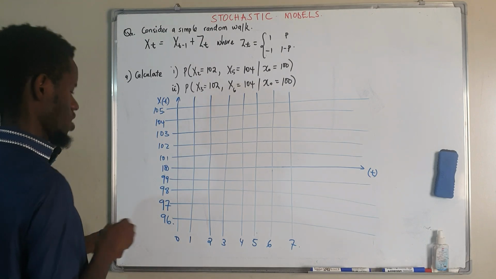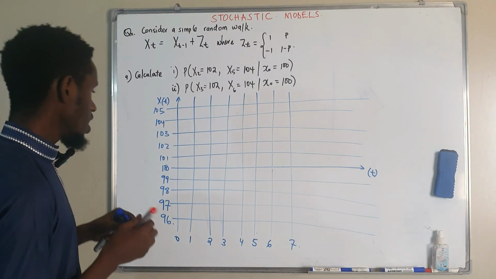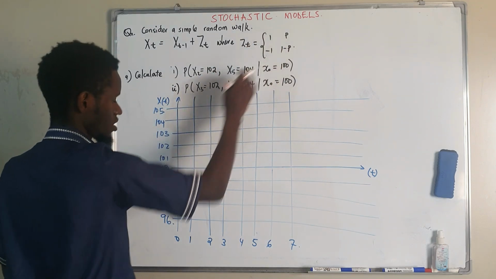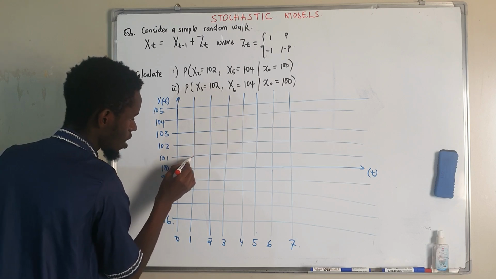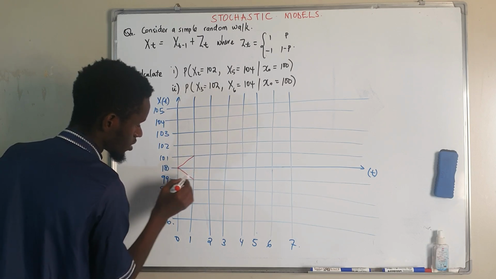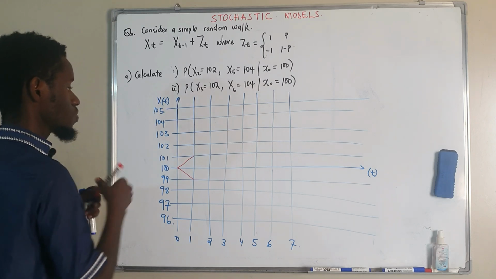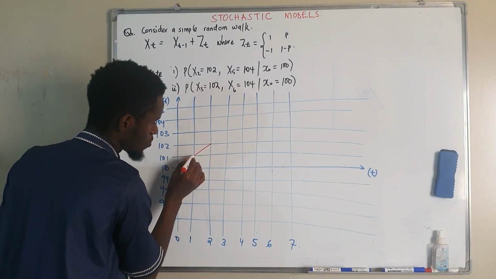Now if our starting point is 100, how can we go about this? Beginning from 100, we either increase by 1 or reduce by 1. At 100 here, I'm either moving up by 1 like this or moving down by 1 like this. Then at this point again, I move up by 1 or move down by 1.